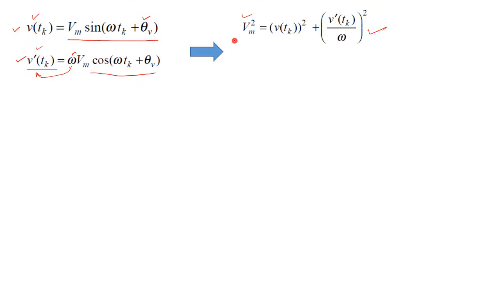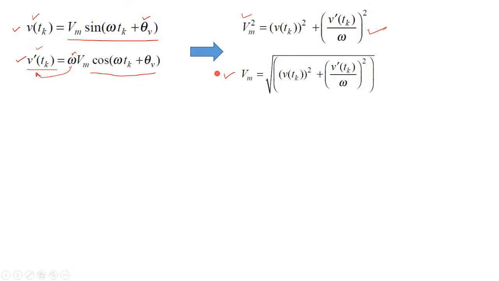So from this equation I get the amplitude of the voltage, that is Vm equals the square root of v(tk) square plus v dash tk by omega square.